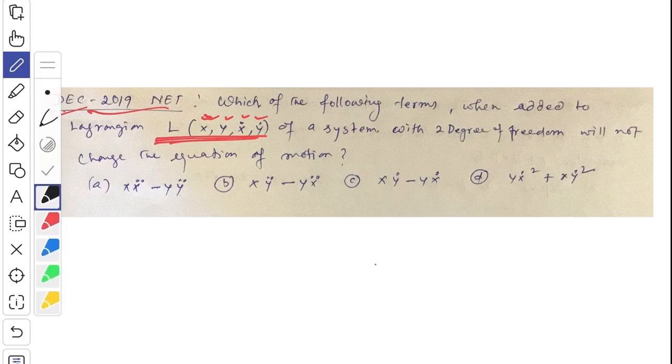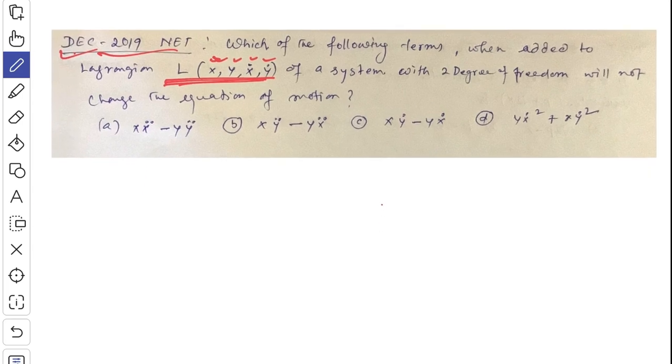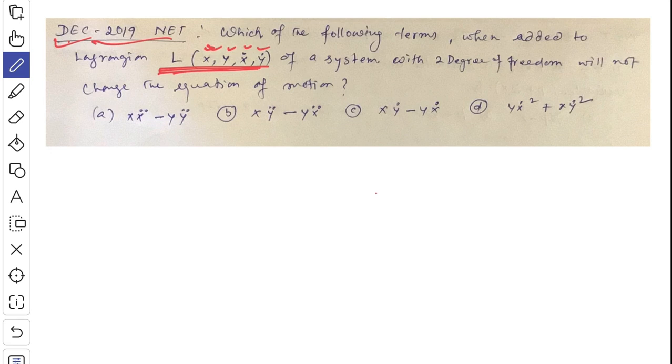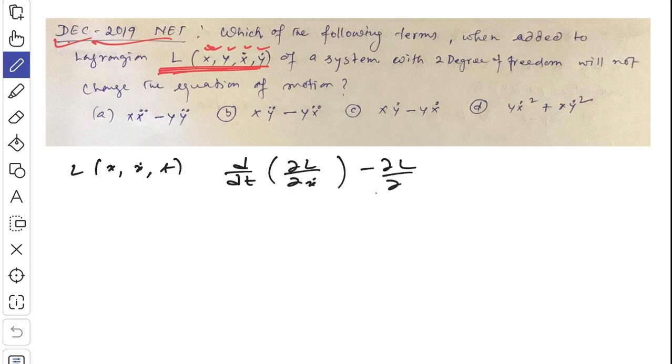Now we know that if the Lagrangian is a function of x, x dot and t, then we write the equation d by dt of del L by del x dot minus del L by del x is equal to 0. Suppose we have x, x dot, x double dot and t, then what will be the equation of motion?